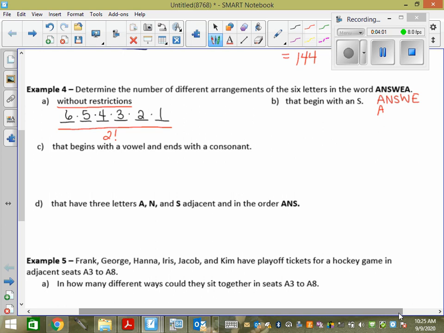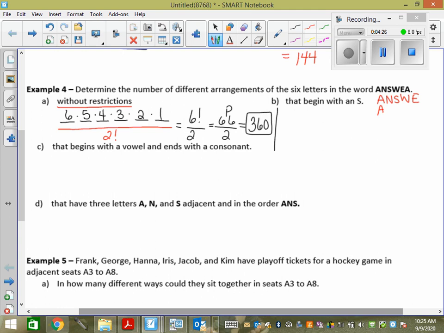So I could write 6 factorial divided by 2 factorial, couldn't I? What else could I write? Remember, guys? It's 6P, how many blanks? 6. Or 5 because it's the same. So it should be 360? Yes, 720 divided by 2.